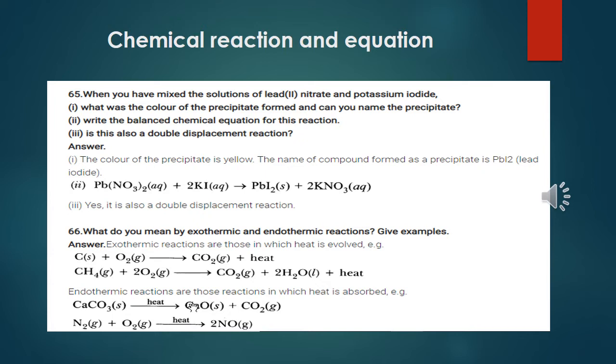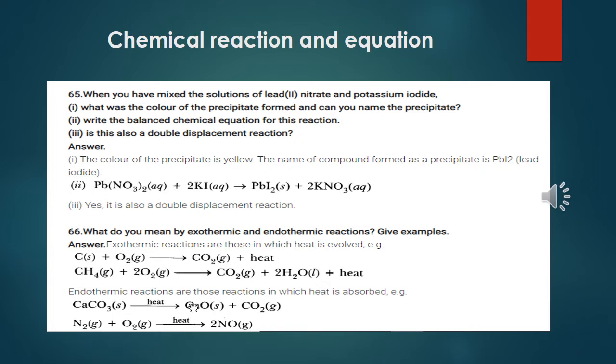So our reaction is here: lead nitrate Pb(NO3)2 added with potassium iodide KI to form PbI2, lead iodide, along with potassium nitrate. In this reaction, the color of the precipitate is yellow, and lead iodide is the precipitate.